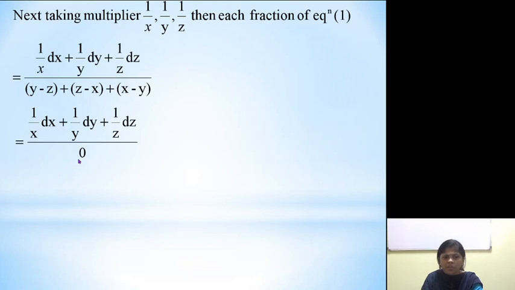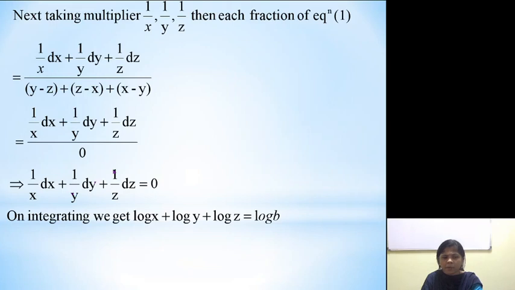This on addition gives 0. So we have 1 by x dx plus 1 by y dy plus 1 by z dz equal to 0, and now this is integrable. Integration of 1 by x is log x, of 1 by y with respect to y is log y, and similarly of 1 by z with respect to z is log z, equal to log b.